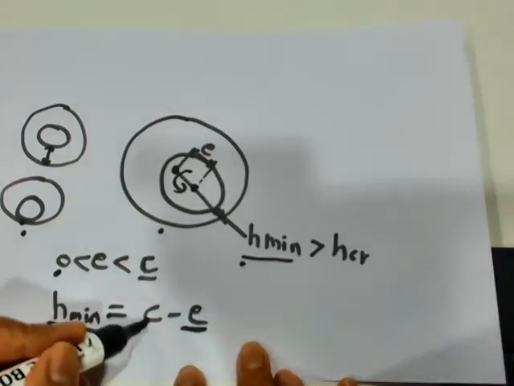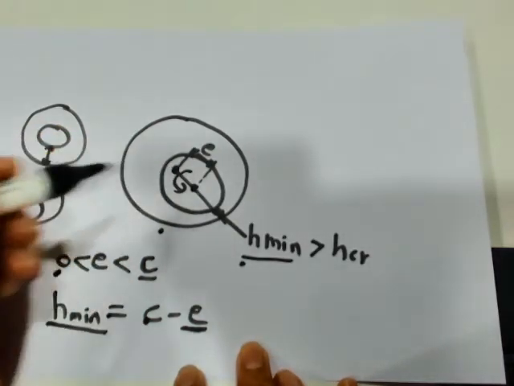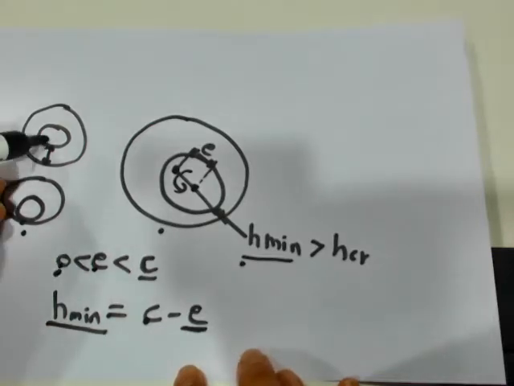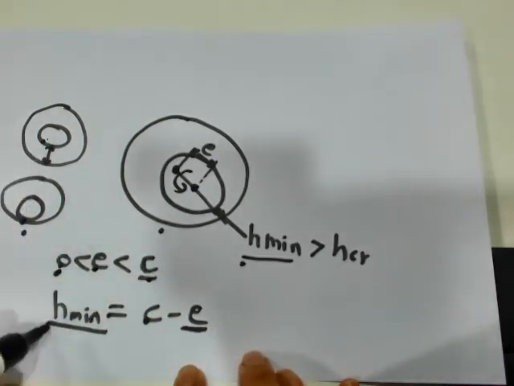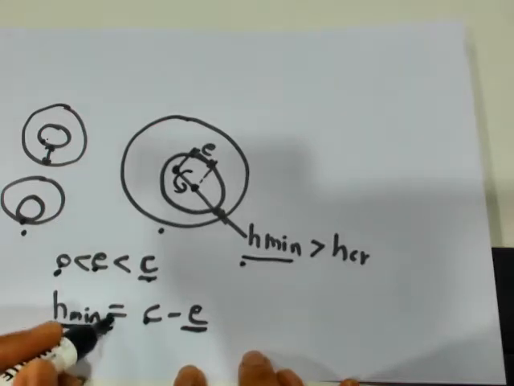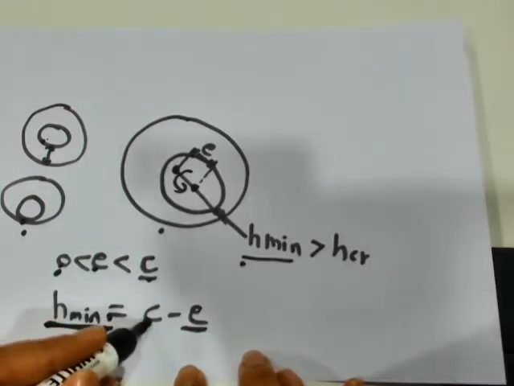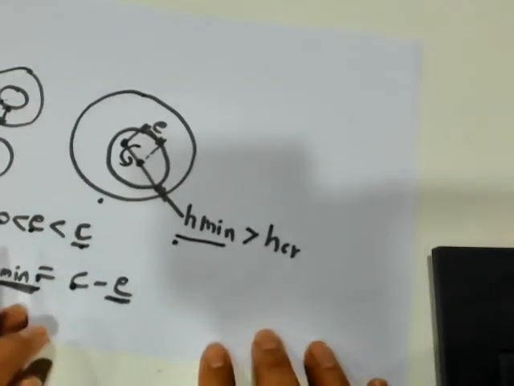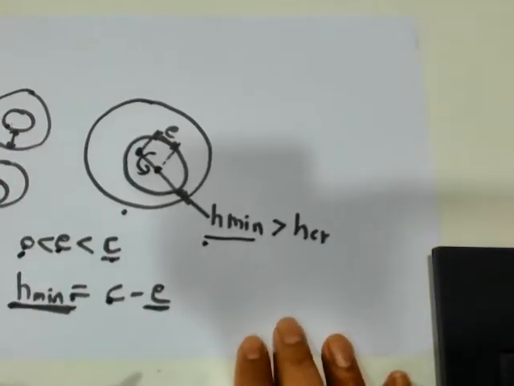Therefore, if the eccentricity is 0, that is the condition in which there is a concentric bearing, and if eccentricity equals C, that means there is touching. If it has to be in between, then H min will automatically be equal to C minus E. If this is understood, then we can very easily simplify this.